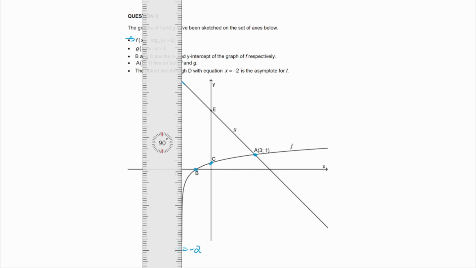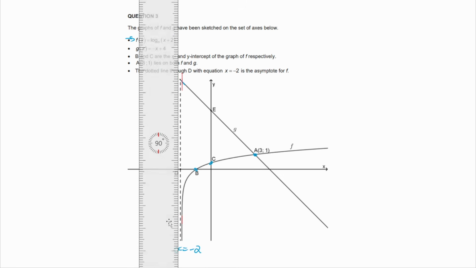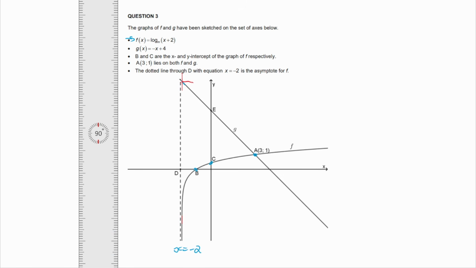Here's the y value of g, and for example here's the y value of f. You can very clearly see that g is above. If you look at the y value of this, let's call that 20, and this, for example, could be -15, you can clearly see that the y value of g is above the y value of f.